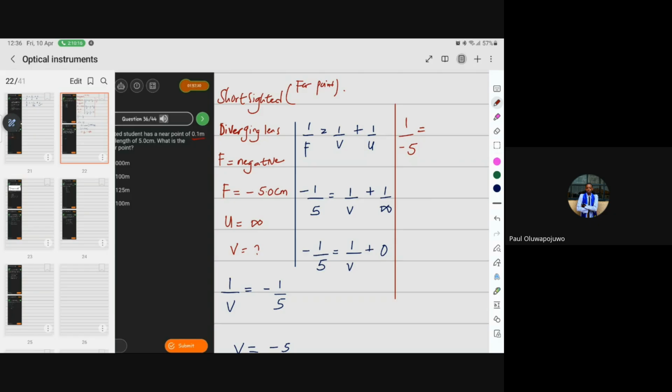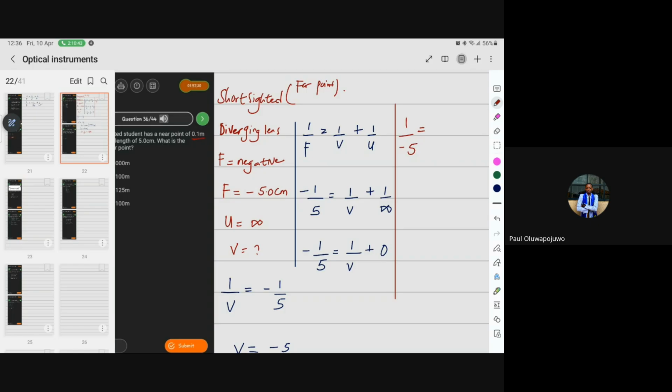I think the answer that is here in the app, when they solved it, they used 0.1 as the V. Yes, since it's short-sightedness, I'm talking about it.